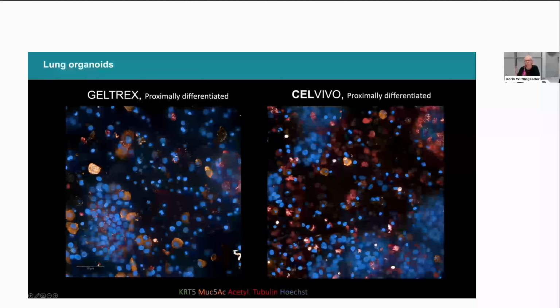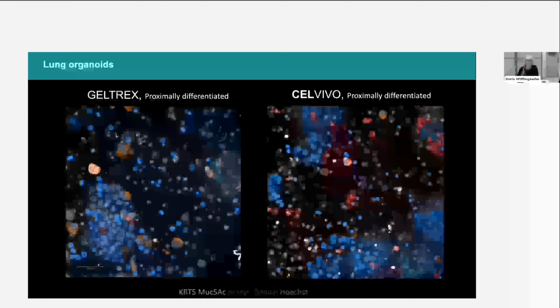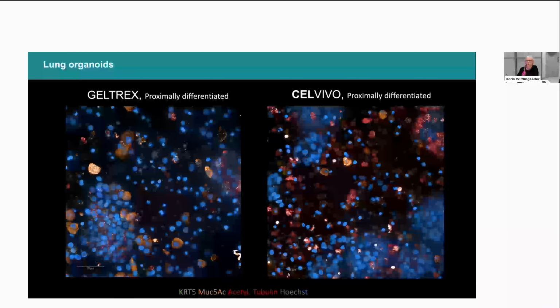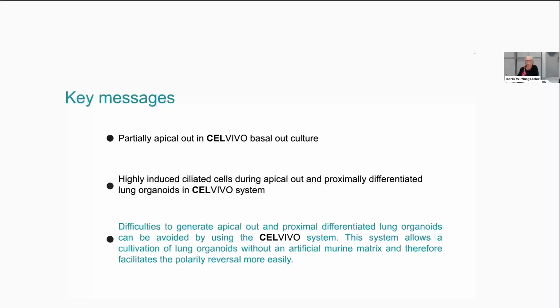Therefore, for the experiments we are doing constantly, where we always need aliquots of organoids, we prefer to have the organoids which were cultured within the Cell-vivo without any additional matrix.